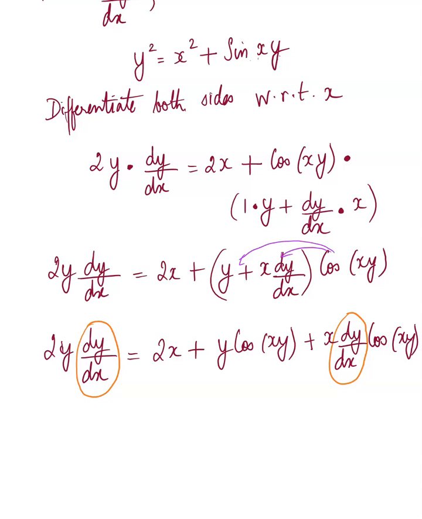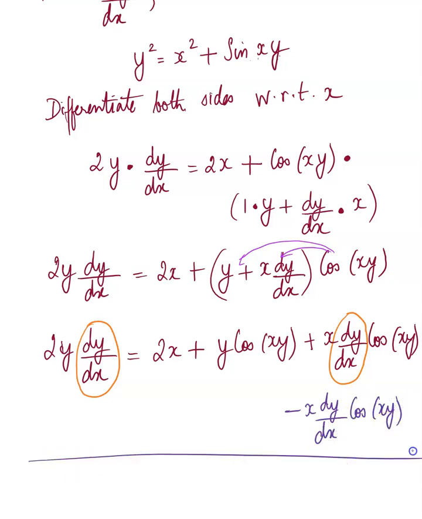So that means I will subtract x dy over dx cosine xy on both sides. Agreed? That means this will go away.